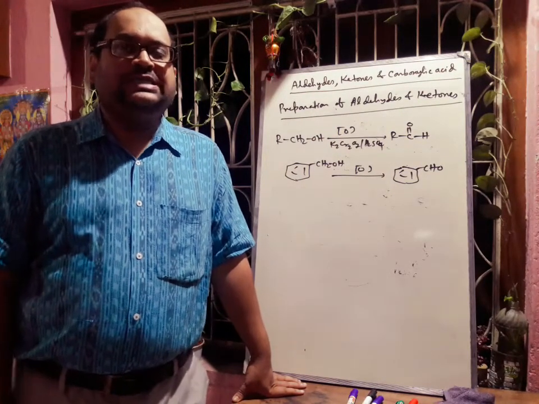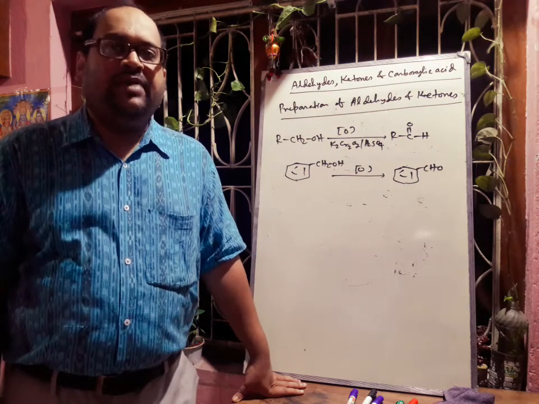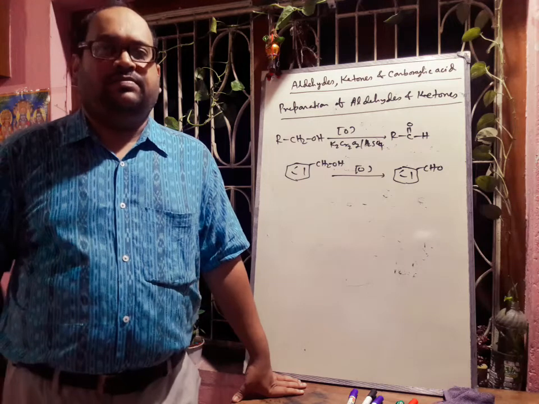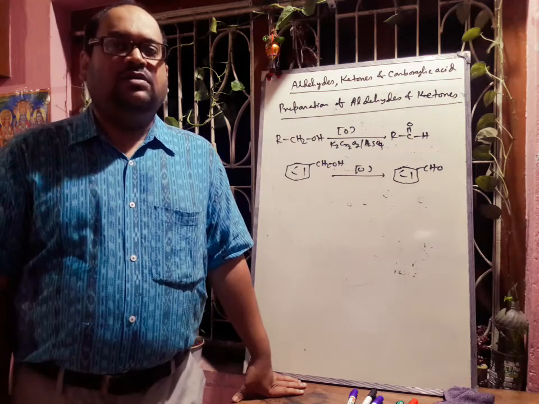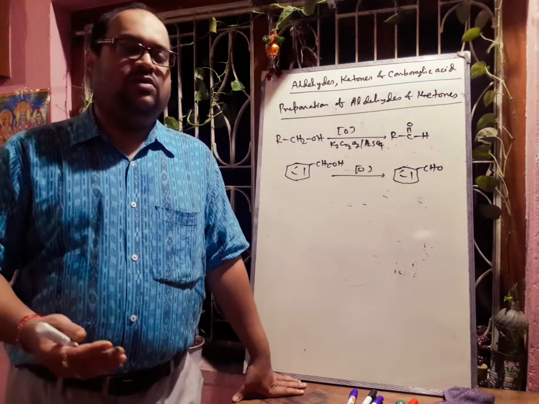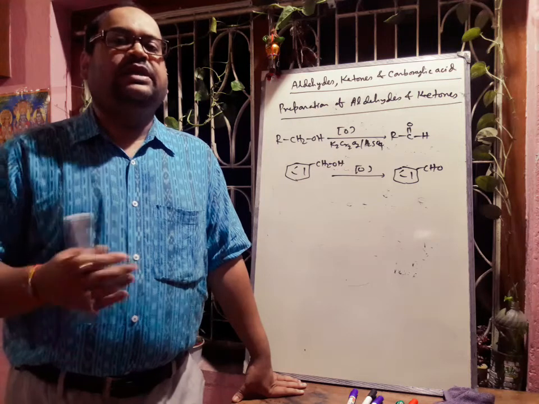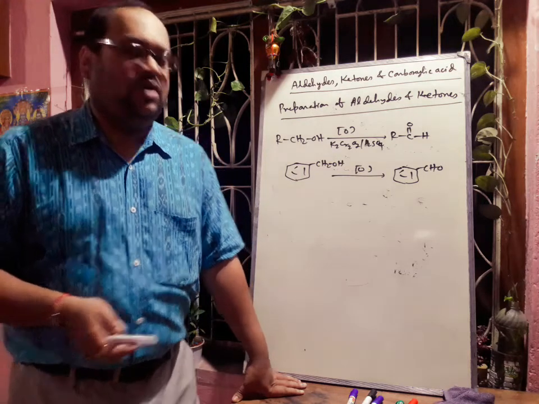To prevent oxidation of aldehydes to carboxylic acids, a number of other reagents have been developed for selective oxidation of 1 degree alcohols to aldehydes and 2 degree alcohols to ketones. So the first reagent we will discuss is called Collins reagent.